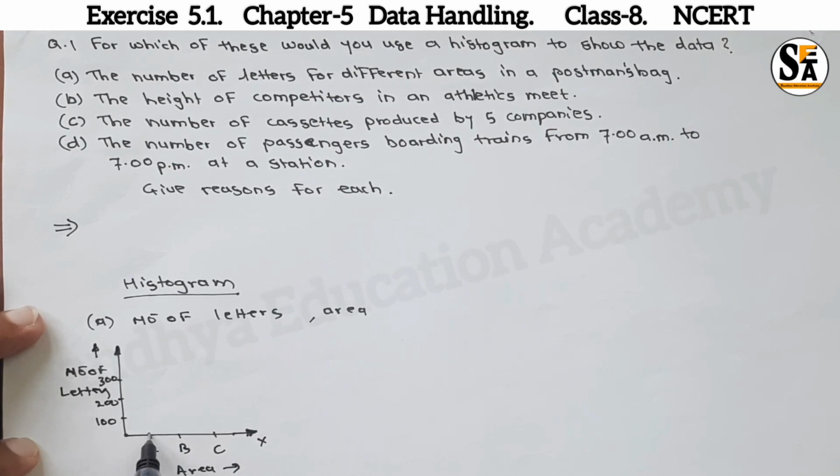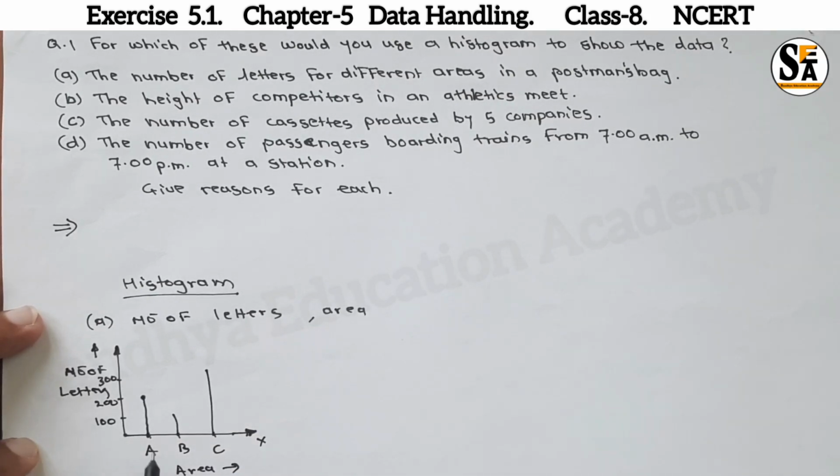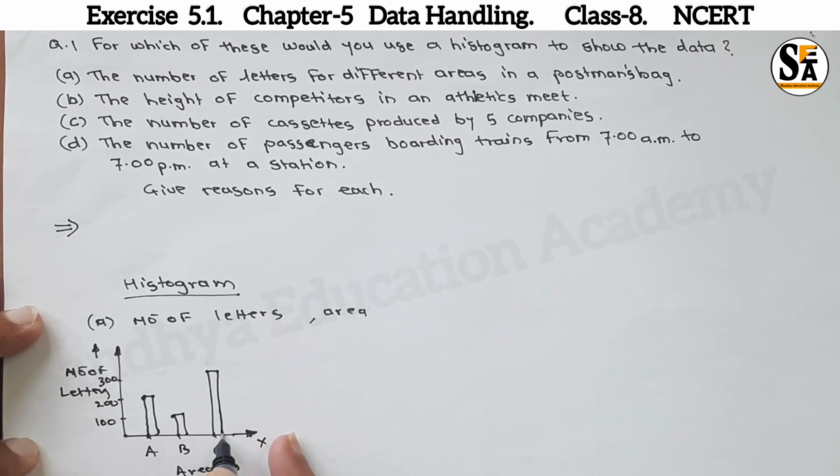Suppose for A area there are 200 letters, for B there are 100, for C there are 300, and so on. But here we can put a gap between these areas. So it would be a simple bar graph.